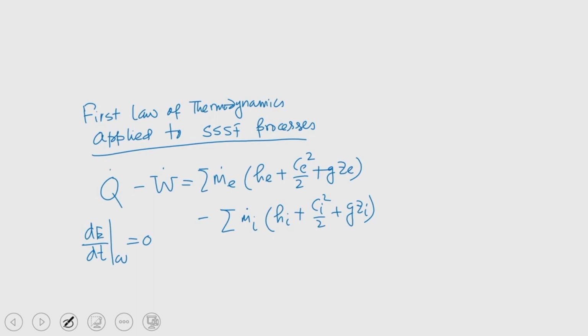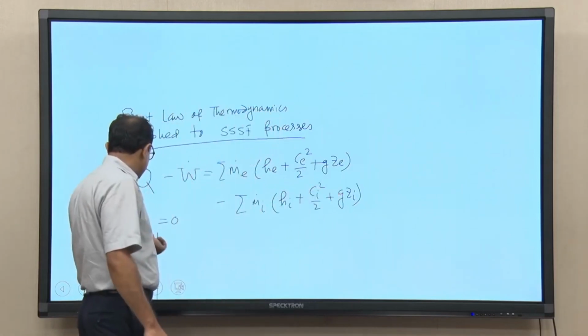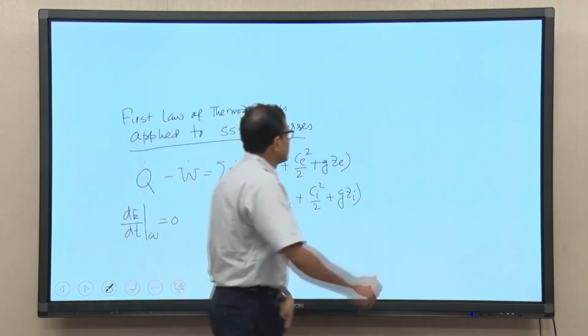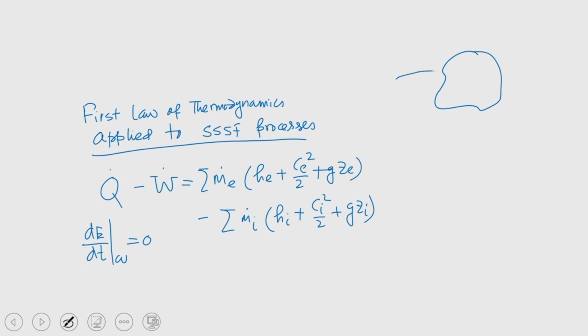If the state is uniform, this d/dt of E_CV within the control volume, I am writing for the sake of completeness, say we have one control volume and we are having energy in, we are having energy out, and the control volume is undergoing a process, and basically say the system is changing from state 1 to 2.